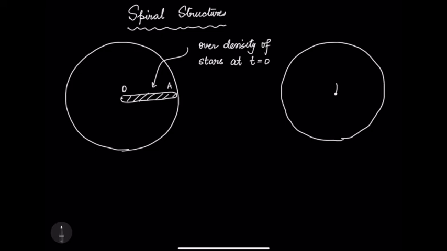So with time, different parts of it would have rotated by different amounts. So the theory tells that differential rotation creates spiral structure.